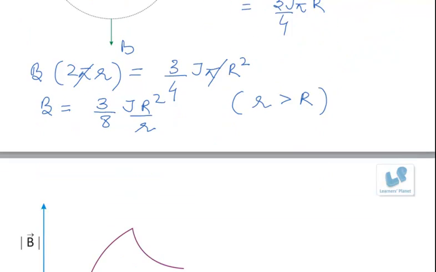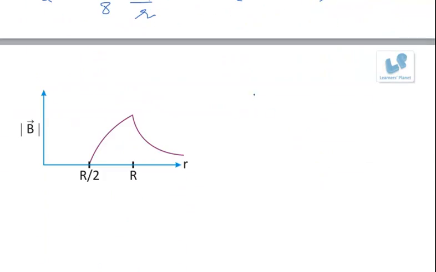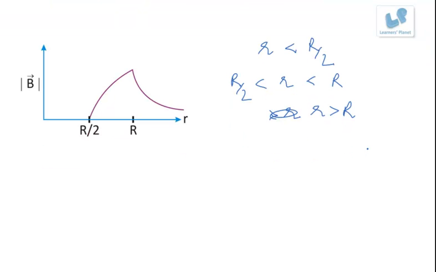Now if you look at all three cases, where r is less than R by 2, where r is less than R but greater than R by 2, and for r greater than R, the magnetic field is 0 up till the first case.